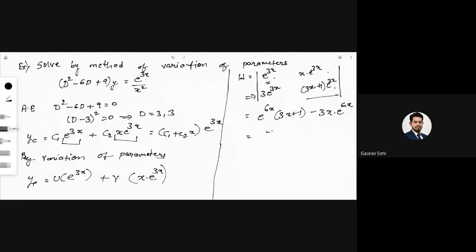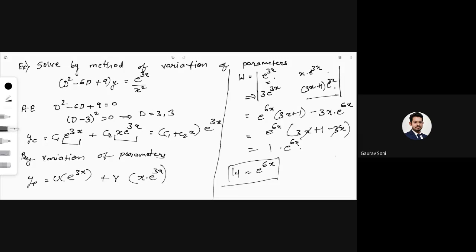So I'll take e to the power 6x common, in bracket 3x plus 1 minus 3x. The 3x terms will get cancelled out. Answer is 1, 1 into e to the power 6x. So Wronskian is equal to e to the power 6x.